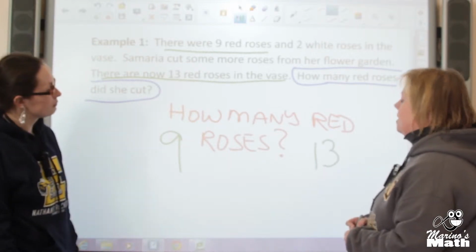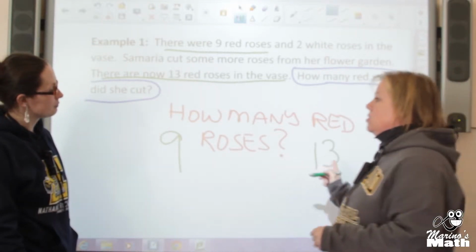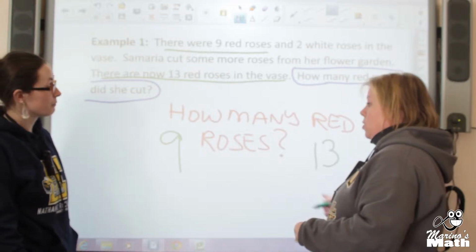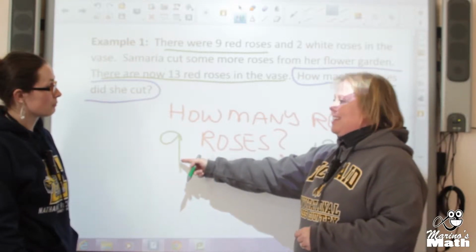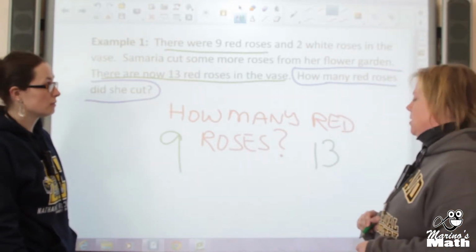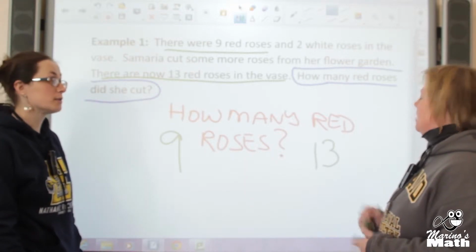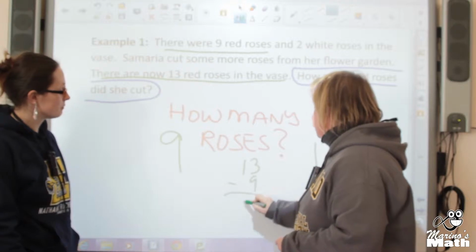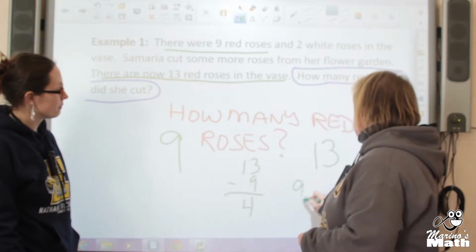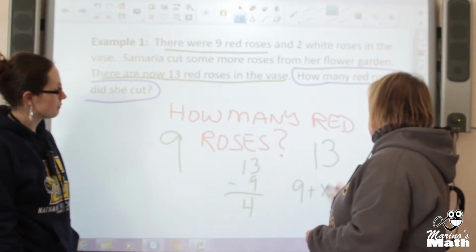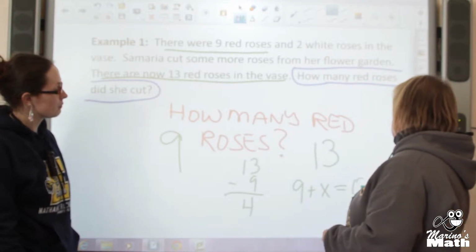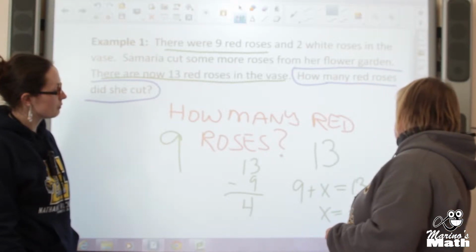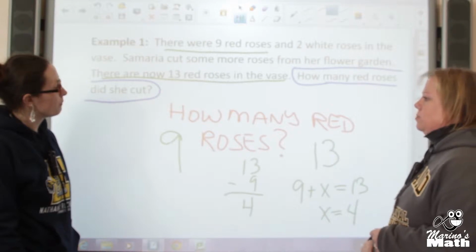So now we could either subtract 9 from 13, or figure out what we need to add to 9 to get to 13. Either way, we're going to end up with 4 red roses, because 13 minus 9 equals 4, or 9 plus x, which is the number of red roses we have, equals 13. X equals 4, which might be a little more advanced.